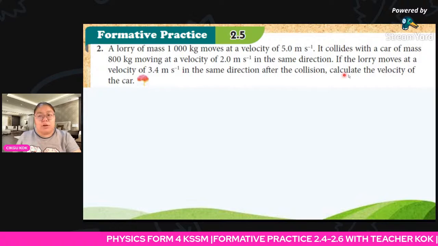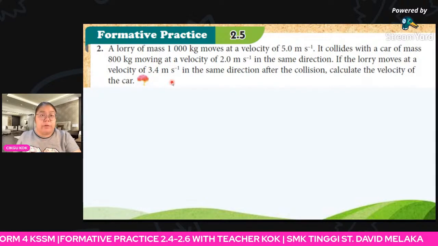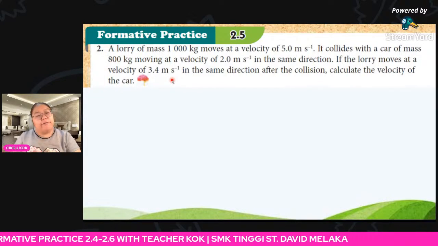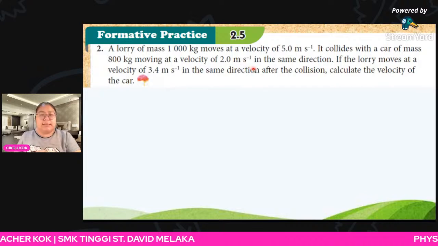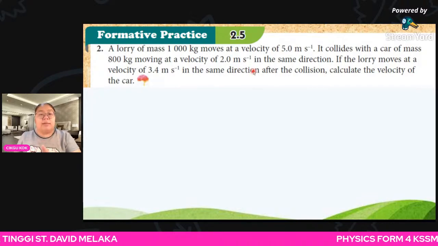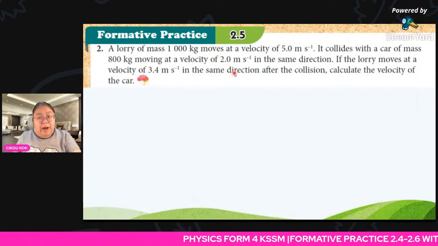That means after collision the lorry is still moving, so we call this the final velocity for the lorry, in the same direction as before. If it goes to the right before, finally it also goes to the right.